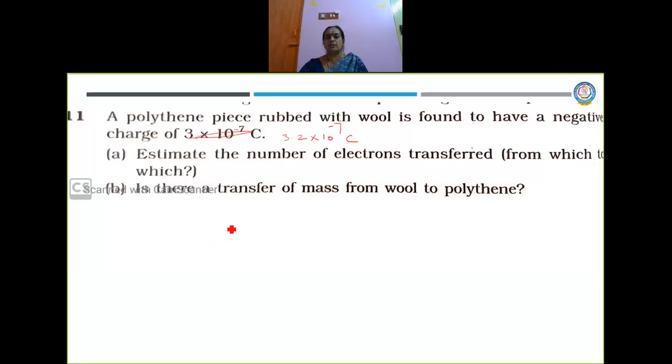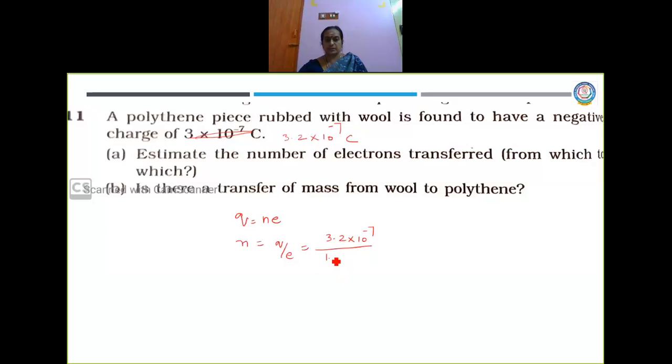First you need to find out the number of electrons. What is the formula? Q is equal to N into E. So N is equal to Q by E. So Q is 3.2 into 10 power minus 7 divided by, what is the charge of an electron?